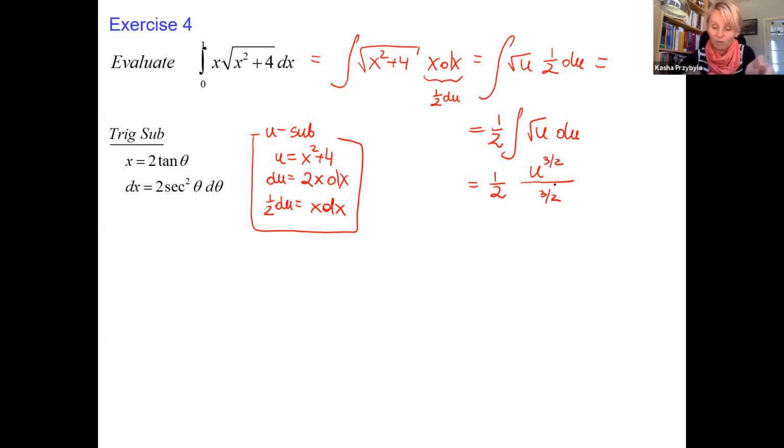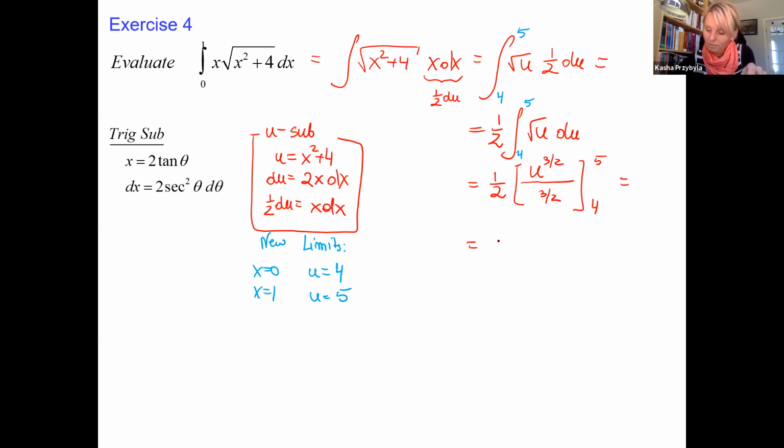That's the reason that I am not putting 0 and 1. New limits always. If x is 0, u will be 0 plus 4, which is 4. If x is 1, u will be 1 plus 4, which is 5. That means we have from 4 to 5.